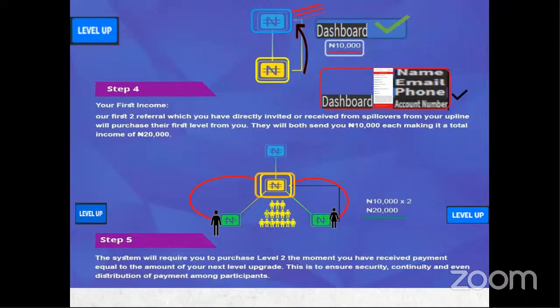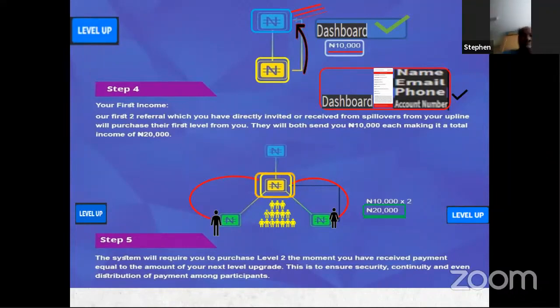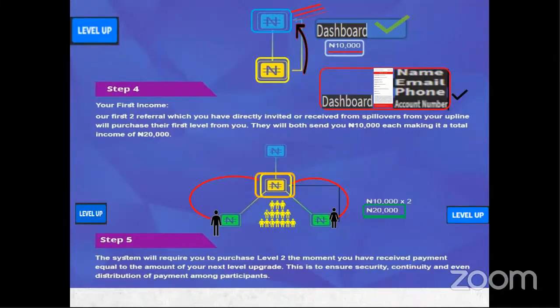But gentlemen, that 20,000 you just received, we advise you don't spend it straight away, because that 20,000 is now a stepping stone into your wealth in better profit. It's now a stepping stone. That 20,000 will now leverage everything you're going to be doing here in better profits.